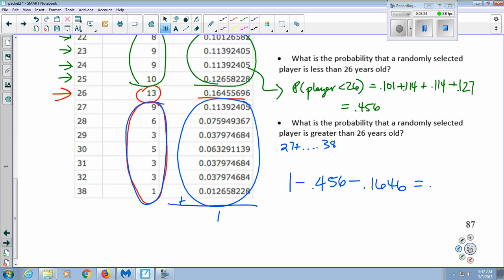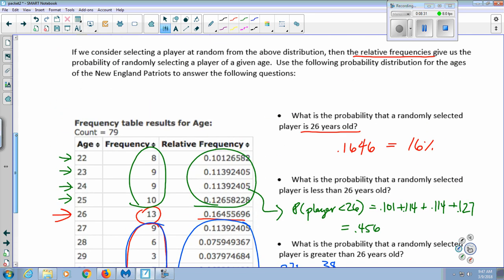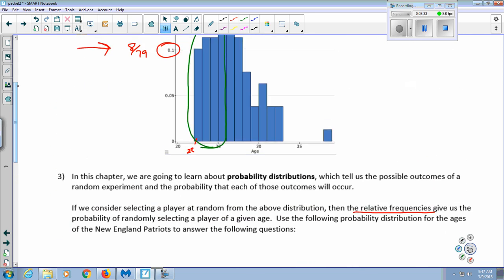And we would end up with 0.38. So multiple ways to calculate that one. And on here, we're talking about the heights of all of these bars being summed up.